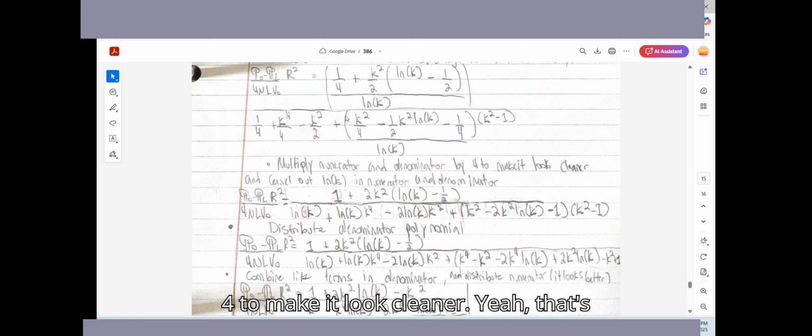Multiply numerator divided by -4 to make it look cleaner. That's just because the highest dividing thing here is 4, and it's a common denominator with all this, or least common, most common denominator, whatever. Elementary school stuff.